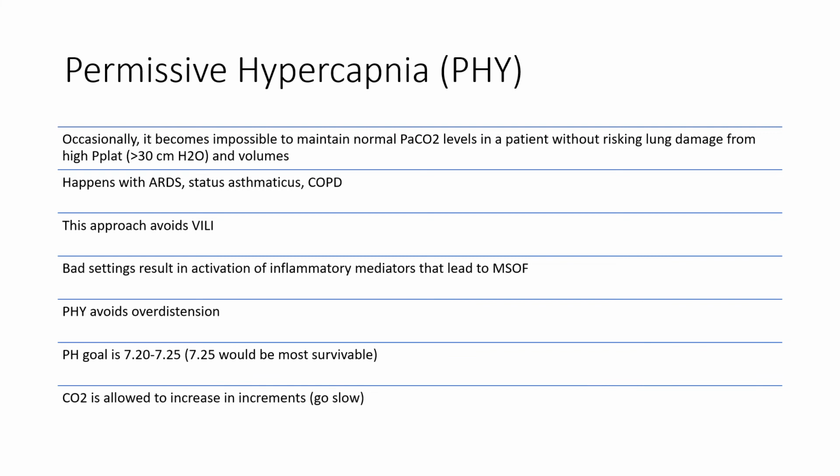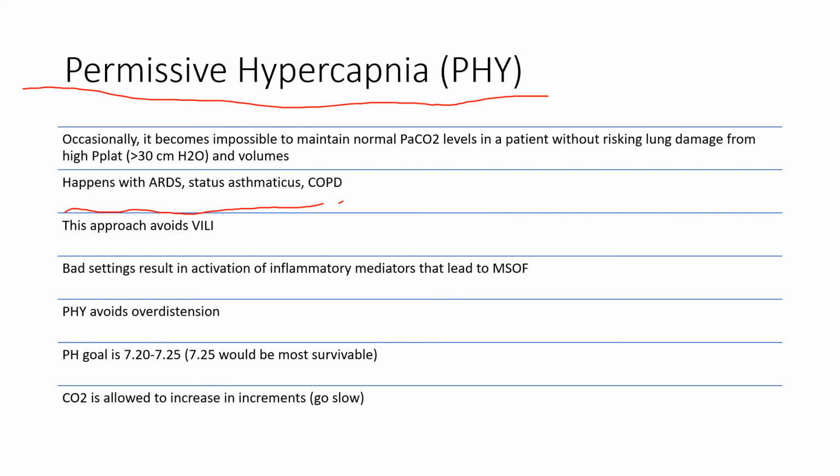So where does this traditionally happen where we see these high plateau pressures? Well, that's most common with our lung diseases like status asthmaticus, COPD patients, or even your ARDS syndromes, which ARDS can be caused by many things, including sepsis. So those are the patients that we're traditionally using permissive hypercapnia on. So hypercapnia means their CO2 levels are allowed to rise.